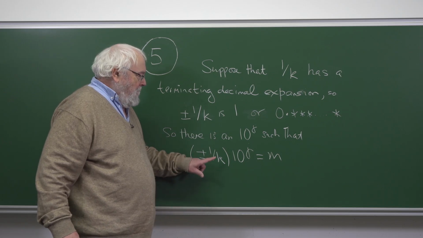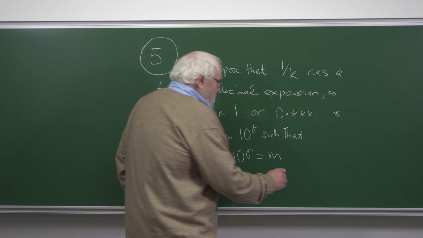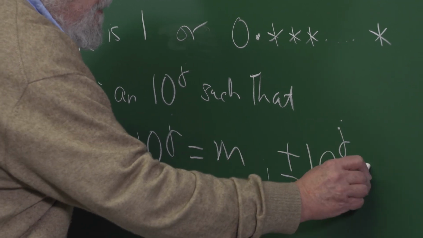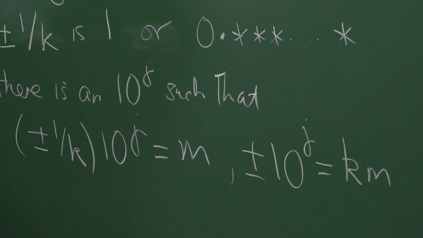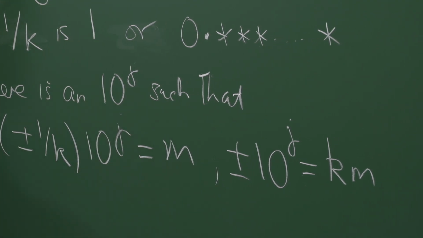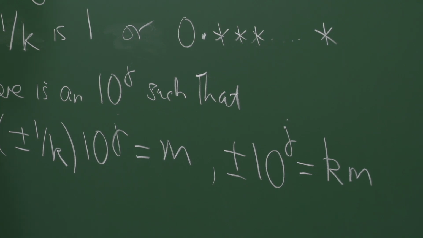Now we can multiply this equation by k, and we obtain that plus or minus 10 to the j is equal to an integer times k. And that means that k divides a power of 10. So we proved it both ways round.